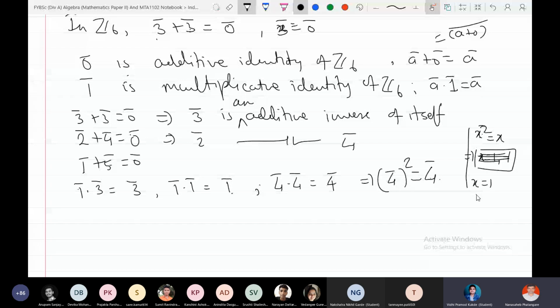So similarly, x square is equal to x happens in this case if x is 1 or x is equal to 4.